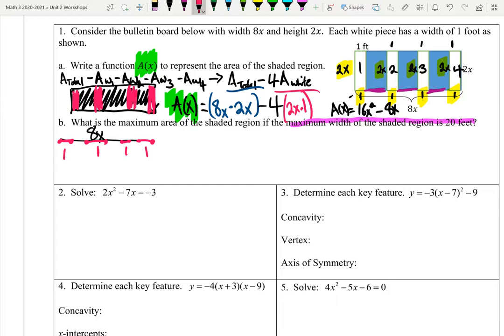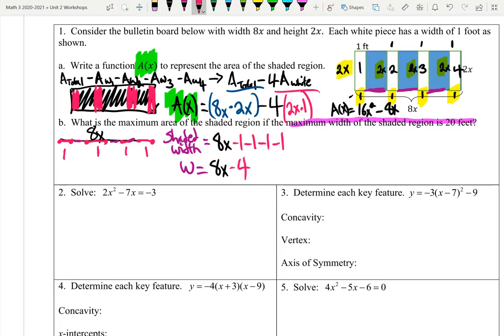Okay, so what is left over? The shaded width is going to be equal to the whole minus the parts. The W is going to be equal to 8x minus 4.